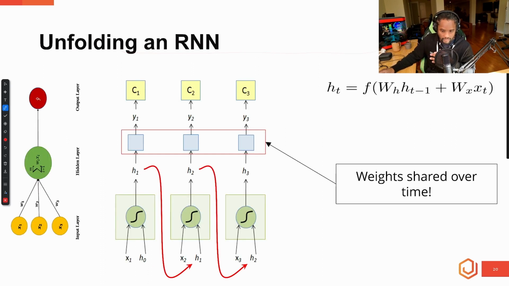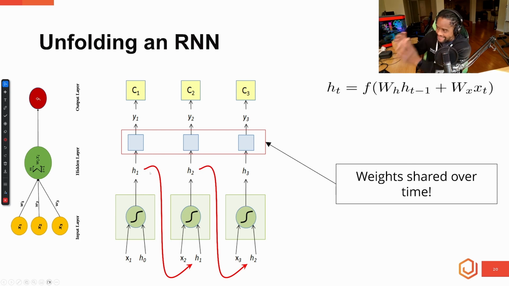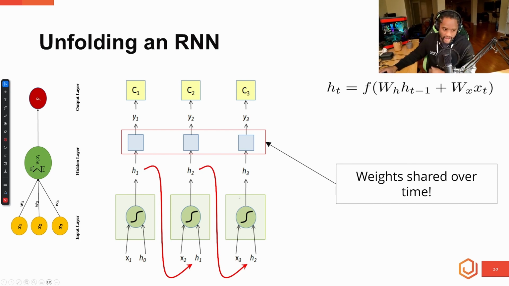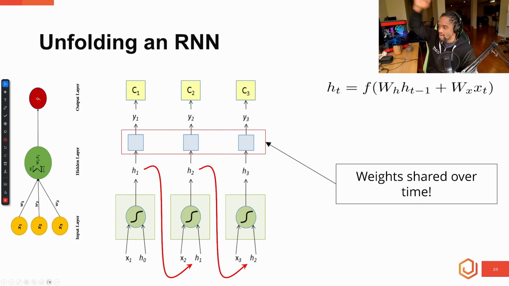That is, if you have too many words, right? Of course, some information from H1 is going to propagate to H3, but the length of that propagation, at some point, H1 is going to disappear. It's going to get squished away so that word number 74 isn't going to be impacted by word number 1.